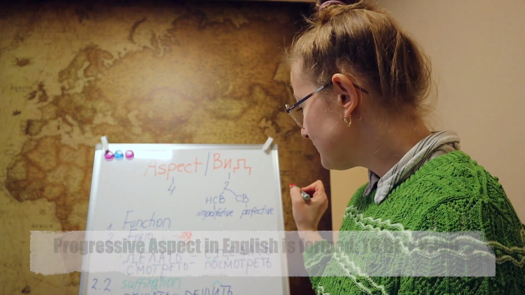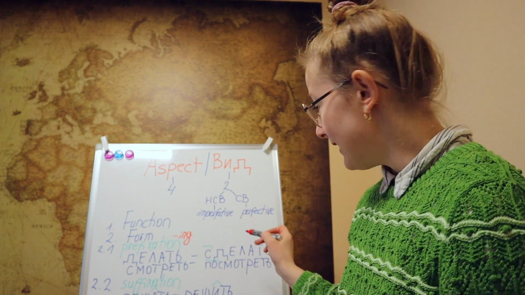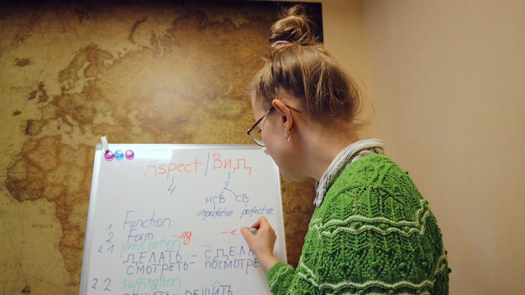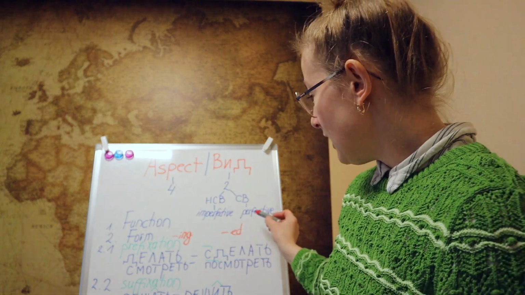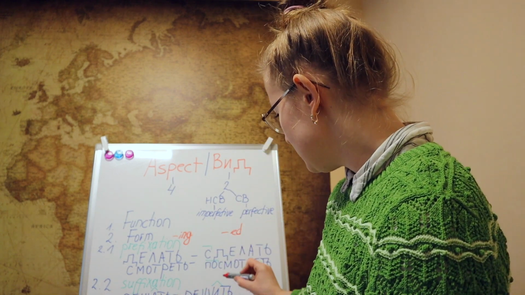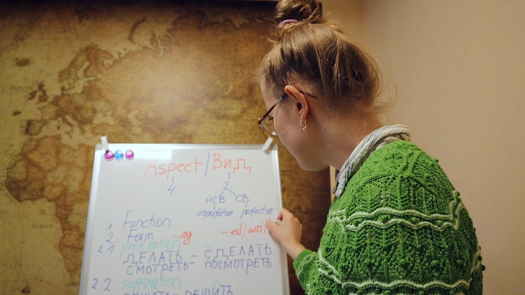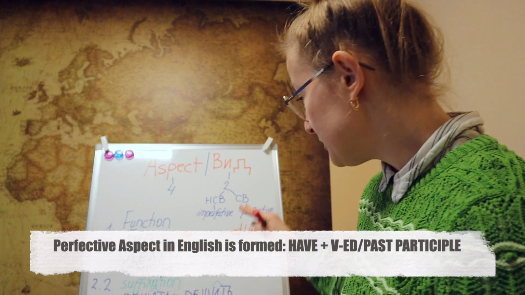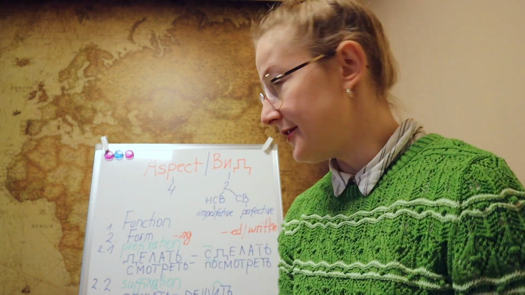And for сделала, so I've made myself some coffee, it's the ed ending or past participle for irregular forms, like for example written, написала, which is not on the board, but you get the idea.